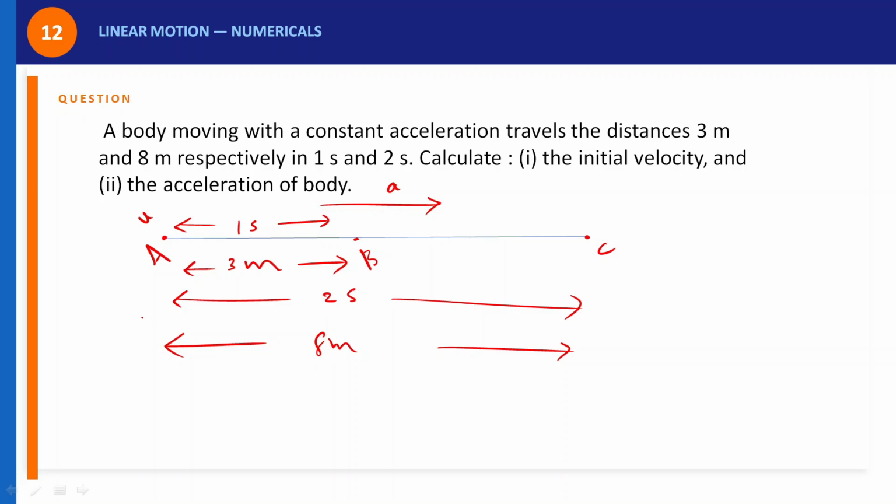Let's take the kinematic second equation. s equal to ut plus half at square. First, I will take the case A to B. A is the initial point and B is the final point.